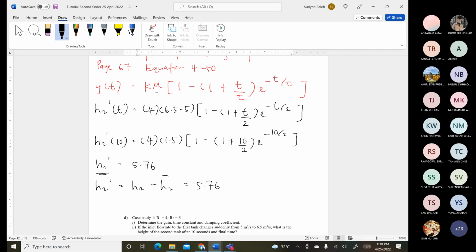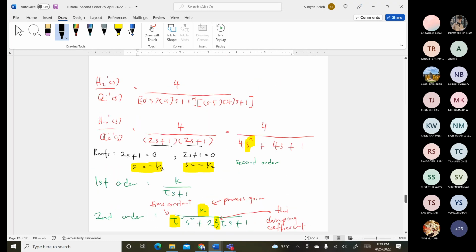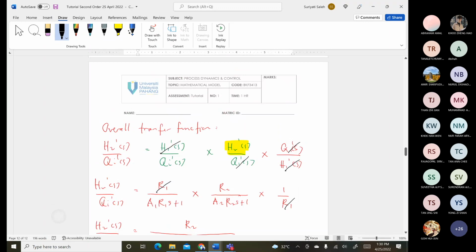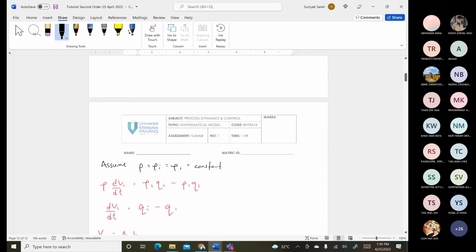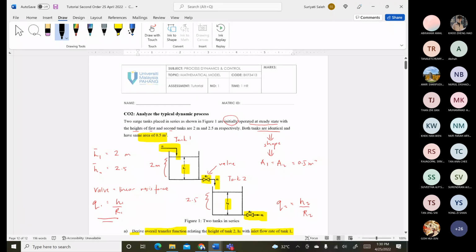So in this case, if we take a look again at the information given, the height for the second tank is 2.5 meters.